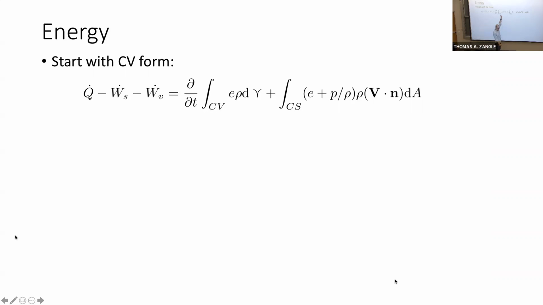Sorry, not internal energy of the fluid. This is the internal energy plus kinetic energy plus gravitational potential energy, the energy per unit mass. So that's our control volume form.